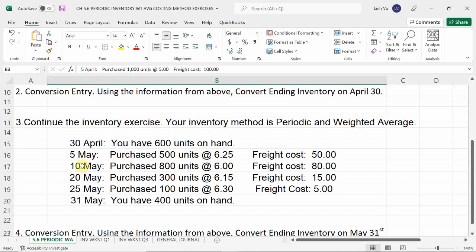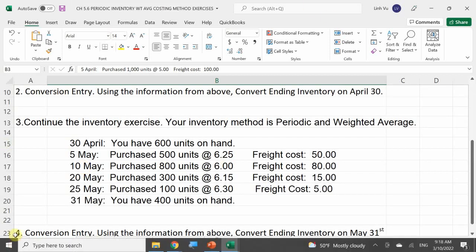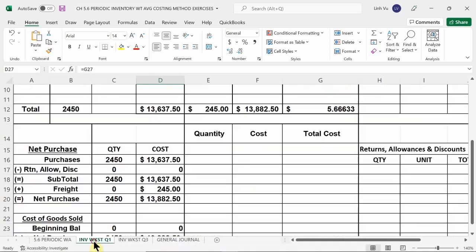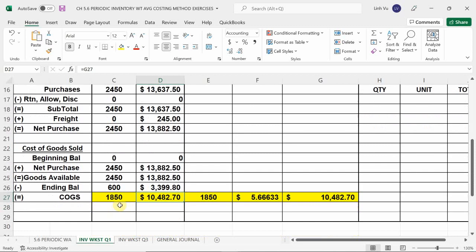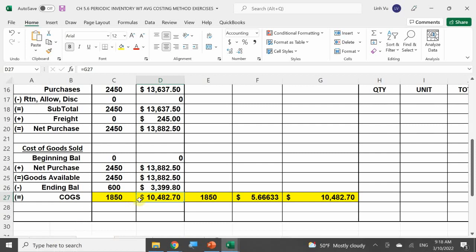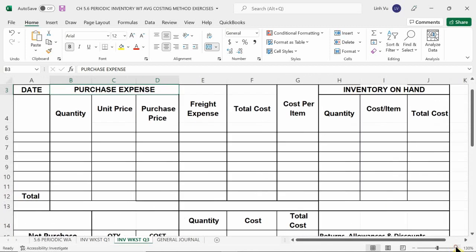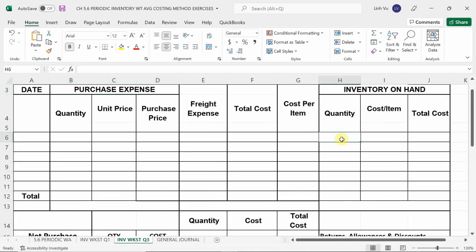So let's plug in my information from the previous section. 600 units on hand, at a grand total of $3,399.80. We're going to carry that into my new inventory worksheet.